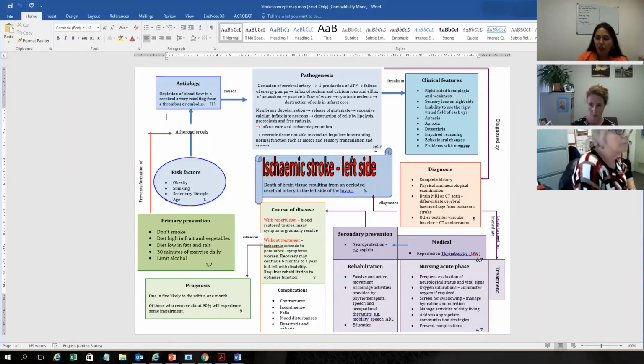So when you do the concept map, immediately after the concept map, put down all your references numbered for the concept map alone. Okay, so concept map, new page, title references, and put down the numbered references for the concept map. Then you have your question answers and put a new reference list for your question answers.